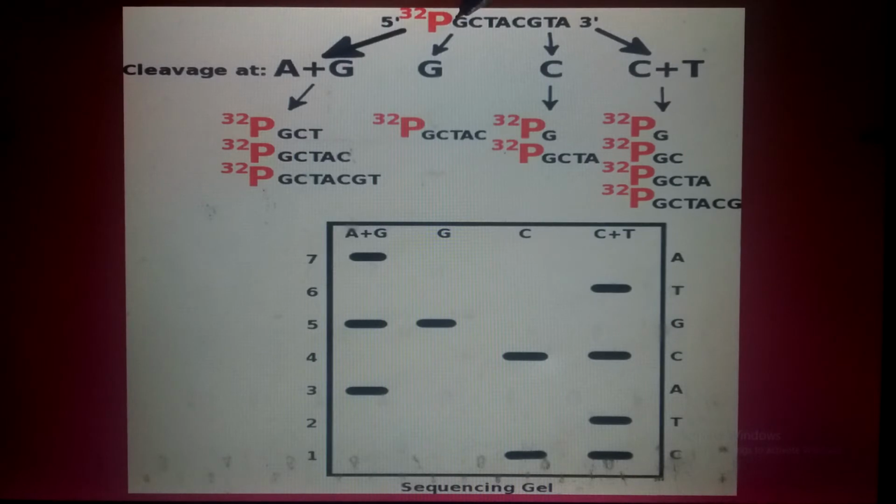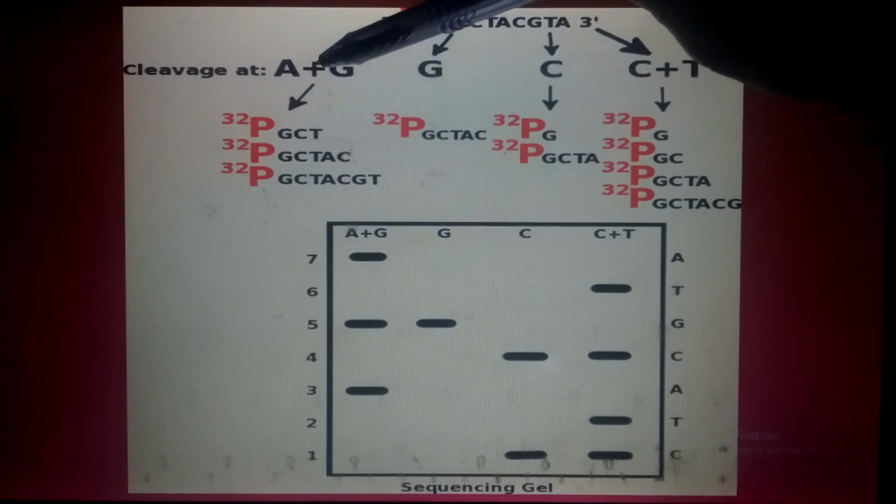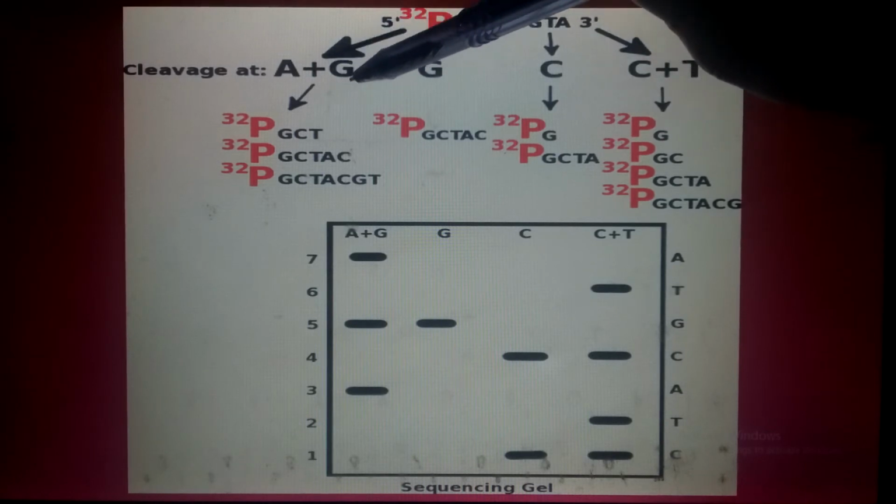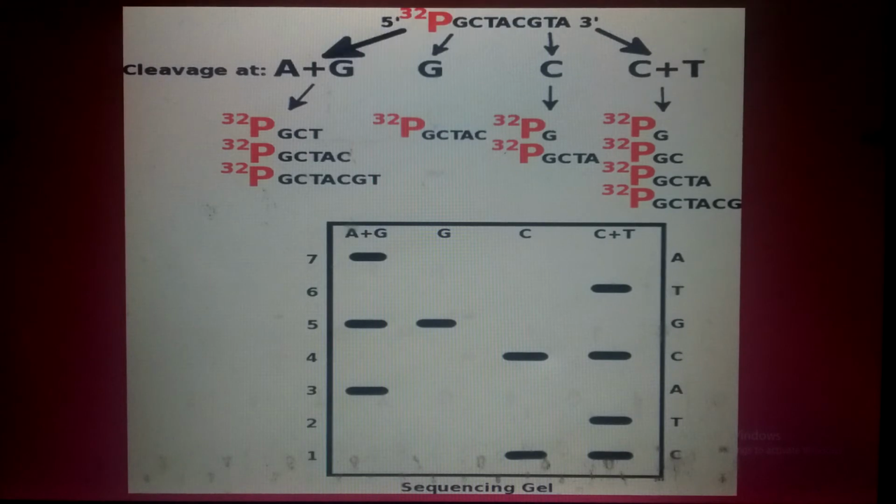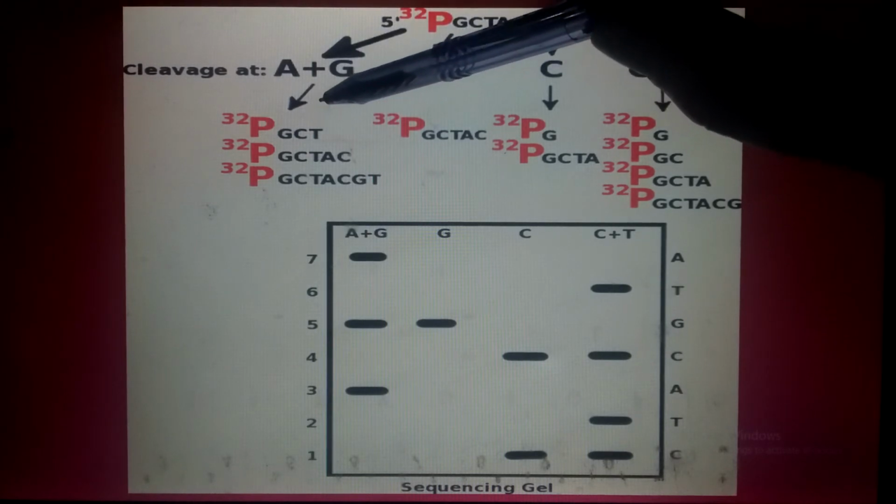So at G no fragment will be produced. Now I am going to give you the concept of A plus G. First of all, I am giving you the concept of the G position. When the modification occurs at the G, no fragment will be produced.